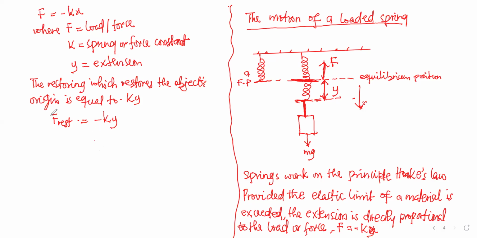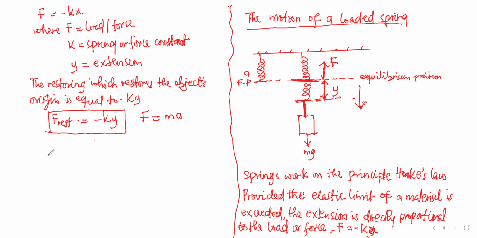Okay. So if the restoring force is equated to Hooke's law, then what will be the acceleration? Because for every force, there must be an acceleration. So we want to determine the value of the acceleration. And from Newton's second law, every acceleration is caused by a force and is given by F is equal to ma.